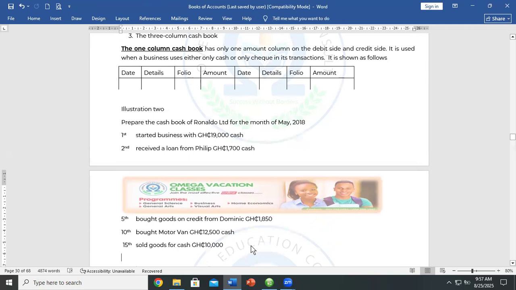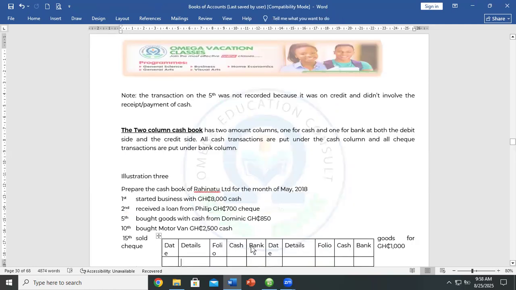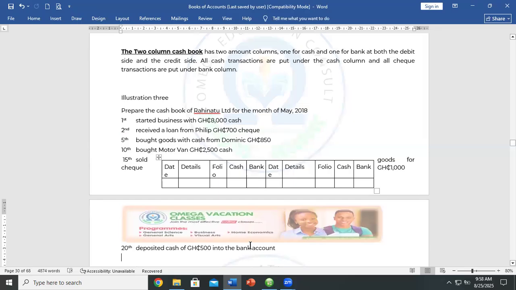So let's go to the two column. I think I'll call on Prof. Zoe to read the two column cash book for us. Prof. Zoe, two column cash book. Good morning.